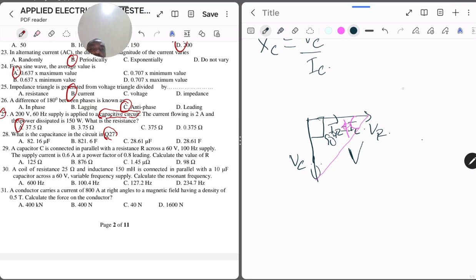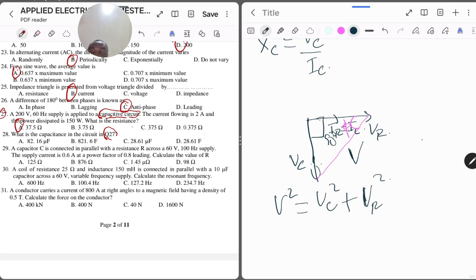We apply Pythagoras theorem. V squared equals VC squared plus VR squared. From the question, we are given the voltage supply V to be 200.